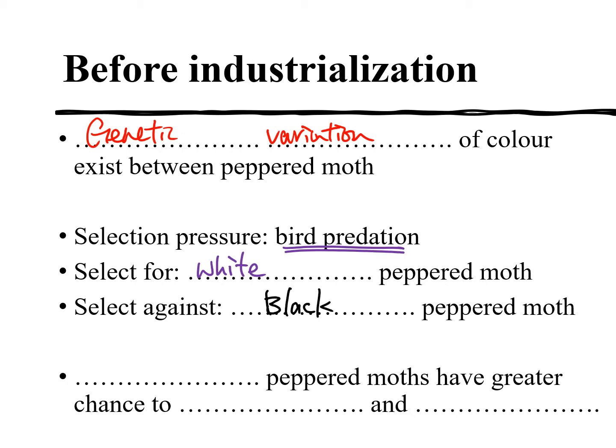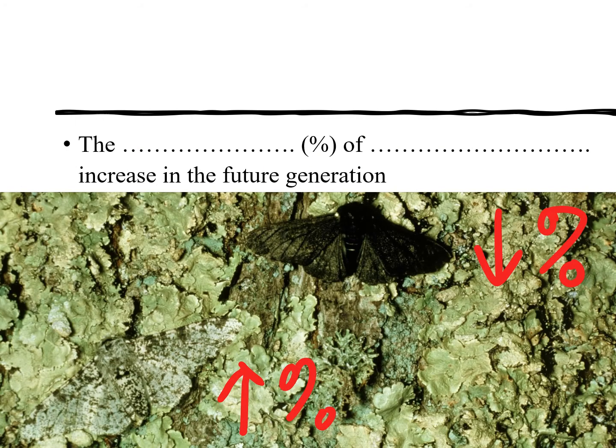So after the feeding, after the predation by the bird, you should know that the white peppermorph has a higher chance to survive and reproduce. After a very long time of predation by the bird, you should know the percentage, or what we call the proportion, of the white peppermorph will increase in the future generation.